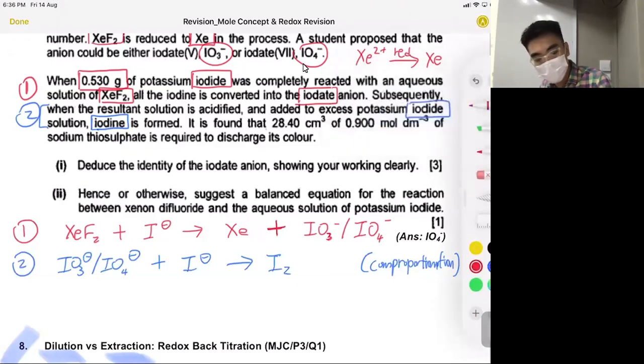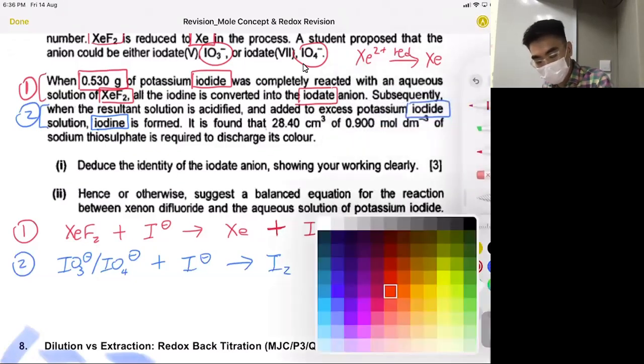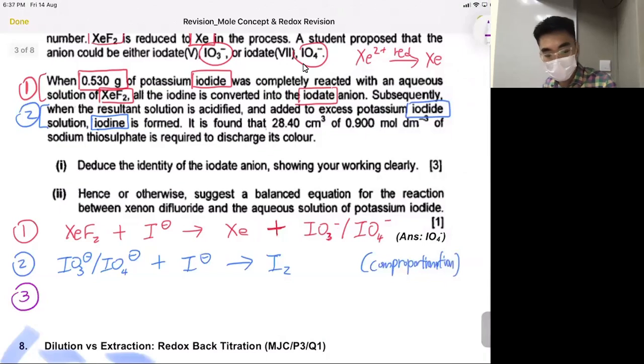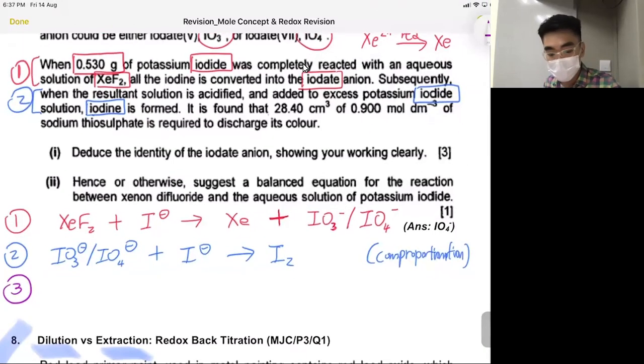So the last one I write in purple. Where is my purple pen? Okay, number 3, this can be in your prac also. They ask you to use thiosulfate. So what's happening now is that I2, something all of you are very familiar with, reacts with thiosulfate.